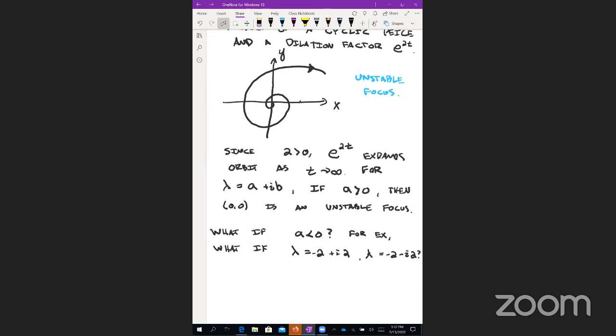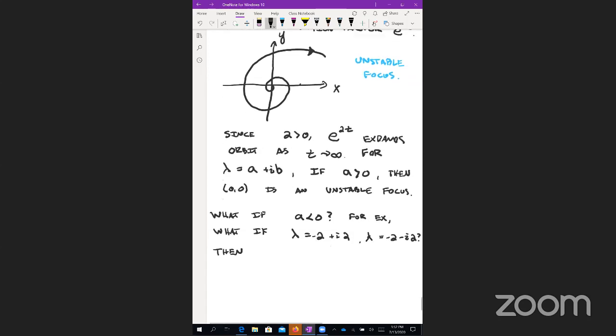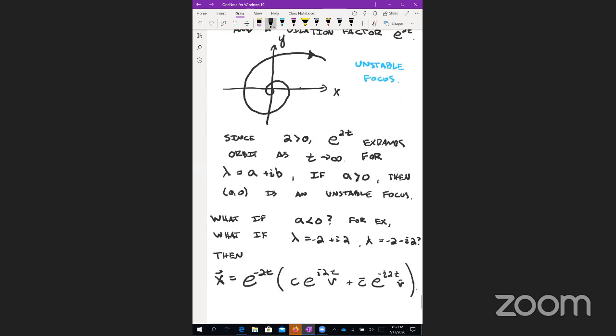Then we're going to get something very similar, right? We're going to get that x equals e to the -2t times c e to the i2t v plus c bar e to the -i2t v bar. And so we're going to have a spiral that's contracting.